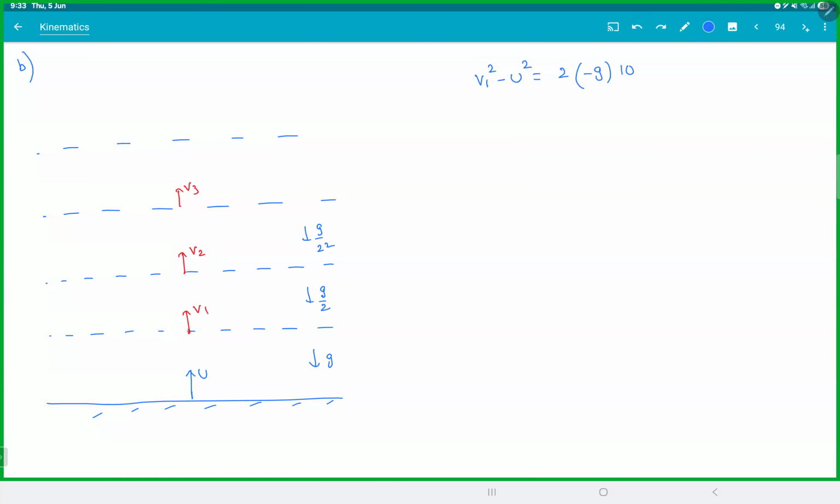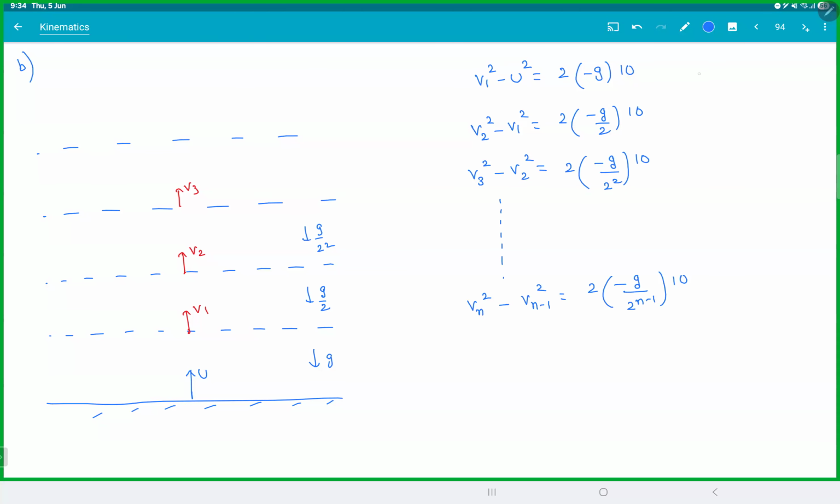Agreed? The final velocity of one boundary will be the initial velocity for the next boundary. So v2 square minus v1 square is 2 into minus g by 2 into 10. For the third boundary, v2 will be the initial velocity, v3 will be final. v3 square minus v2 square is equal to 2 into minus g by 2 square into 10. And so on. If you keep doing this, you'll end up with vn square minus v(n-1) square equal to 2 into minus g by 2 power n minus 1 into 10.